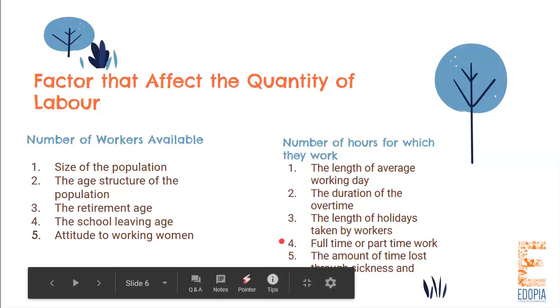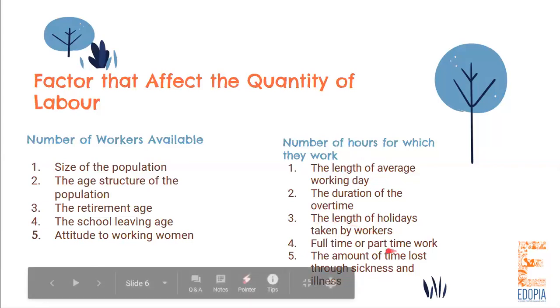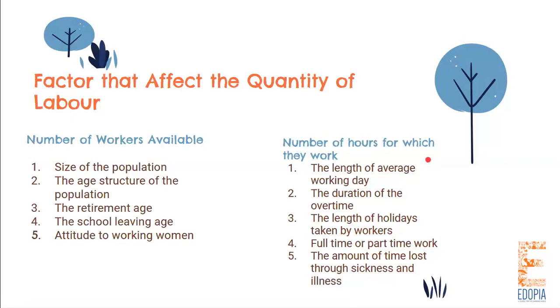If workers are always on vacation or always absent from work, then the amount of output produced is going to decrease. Then, in that particular occupation or country, is there a greater trend towards full-time work or part-time work? And then the amount of time lost through sickness and illness. Some people are always making excuses of being sick or not being healthy enough to work.